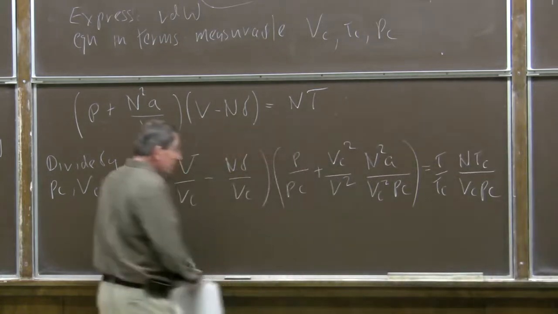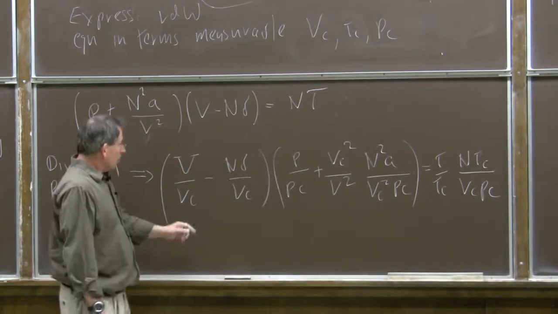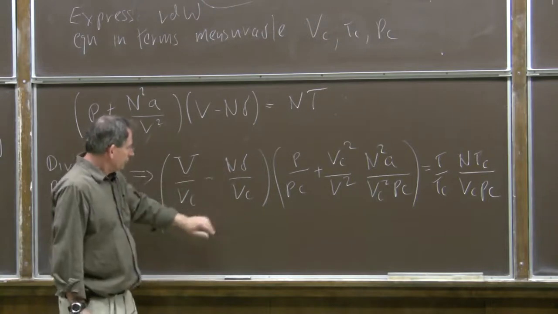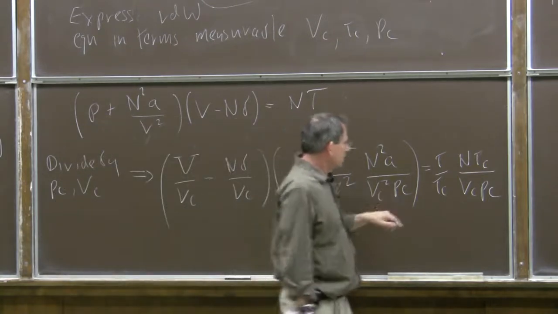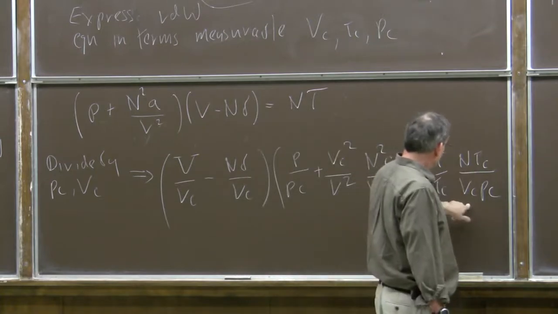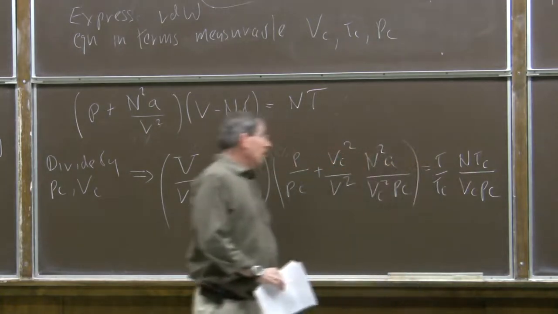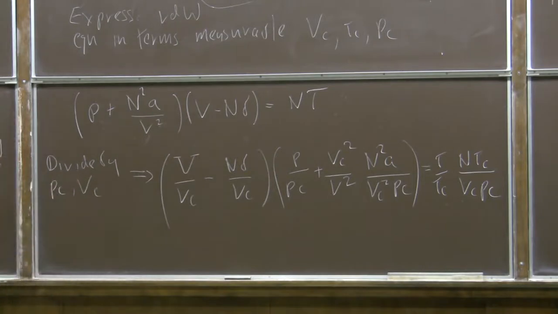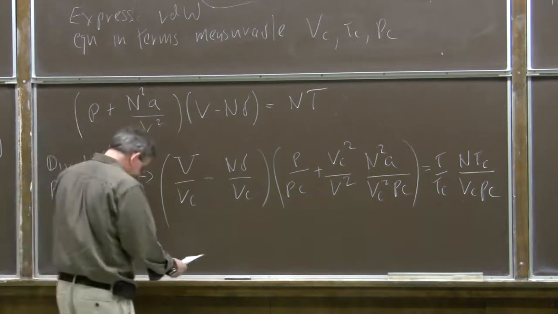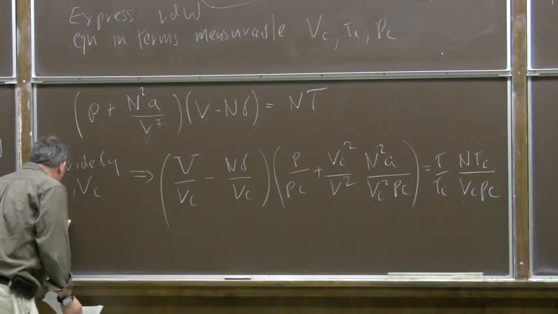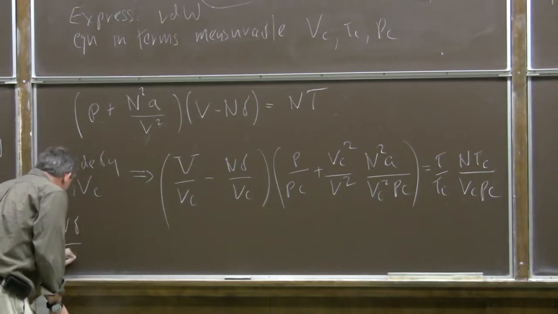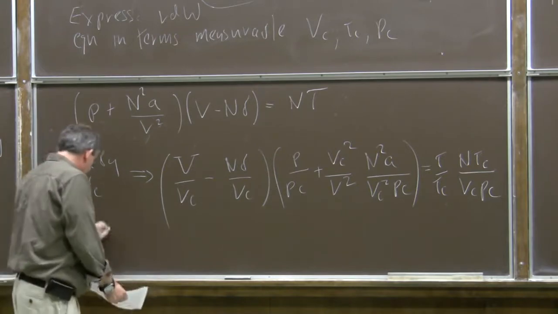And now all of these quantities, NB over V critical, N squared A over VC squared PC, and N tau C over VCPC, are dimensionless and intensive quantities. They're just numbers, in other words. And we can write down what they are. Since the critical volume is 3 times NB, NB over VC is equal to 1/3.